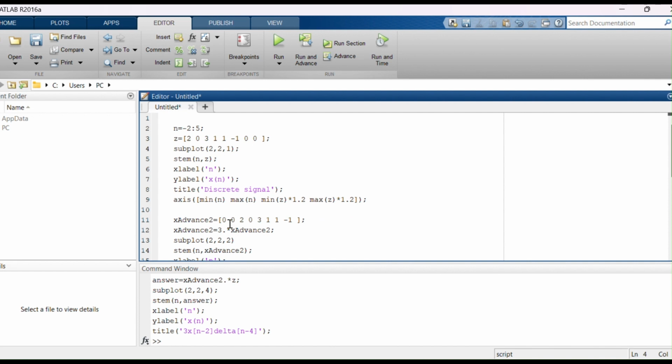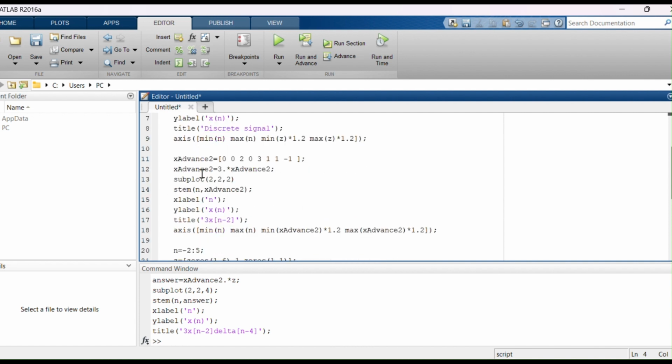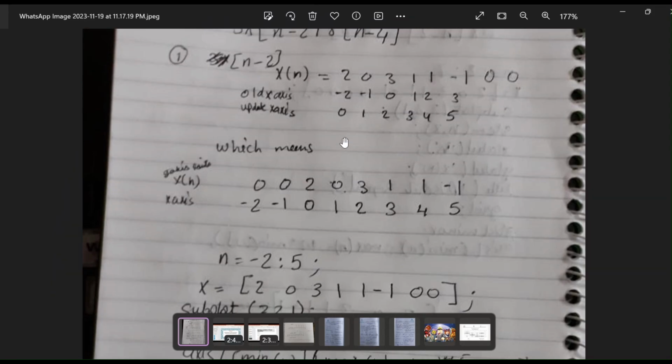Okay, then the next thing I did is the n minus 2 into 3 of x, right? So first I have to shift 2 to the right, which means that I will add 2 to the x-axis. Over here, for example, it was -2, -1, 0, 1, 2, 3, and the points were 2, 0, 3, 1, 1, and -1.